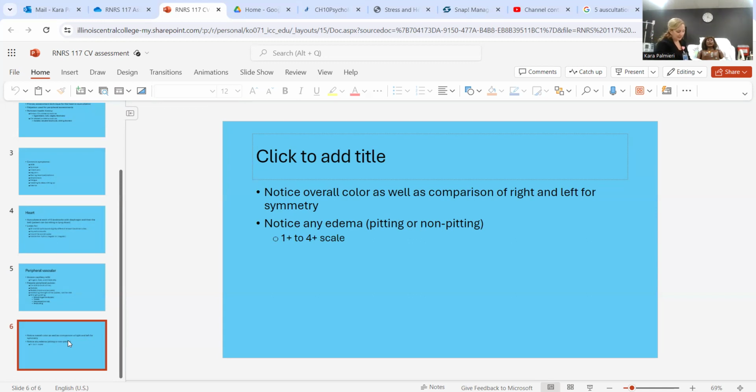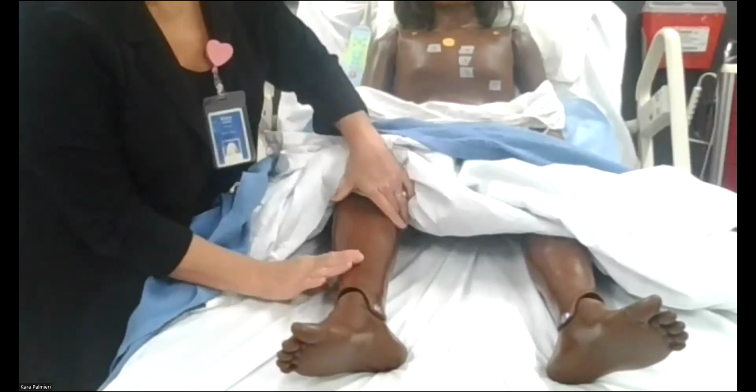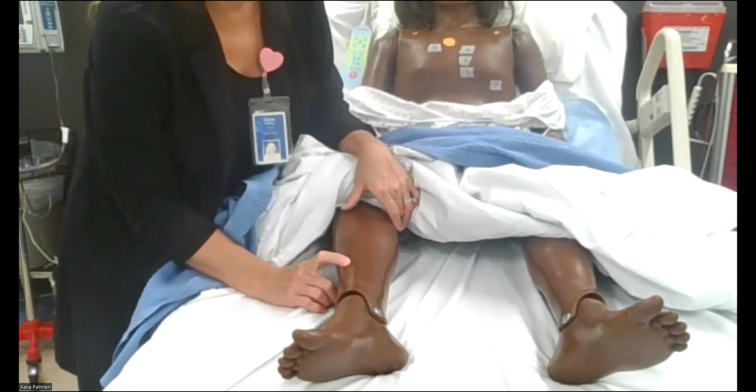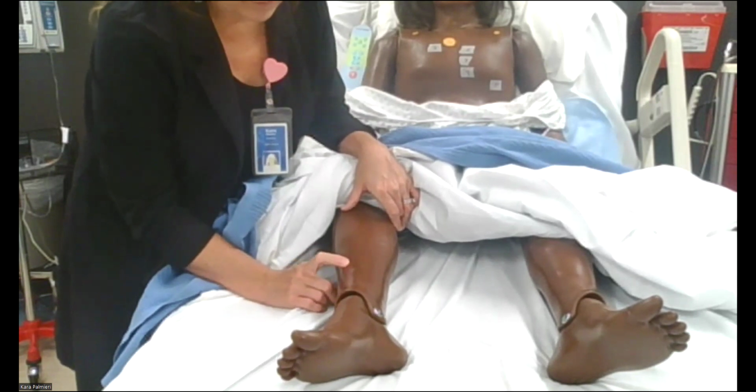Okay, so let's say that I notice pitting edema. Let me get off this share screen. Okay, so let's say I found it here and I'm pushing on it, and don't push hard enough to hurt the patient, but enough to make a pit. Okay, I see it.